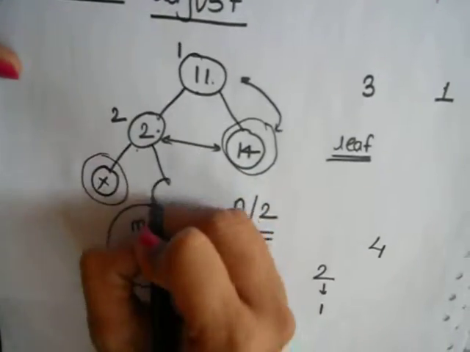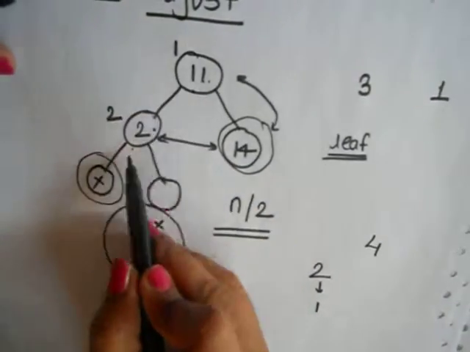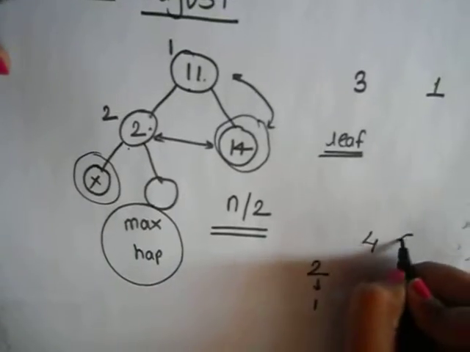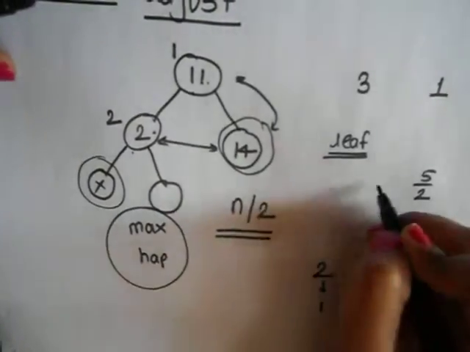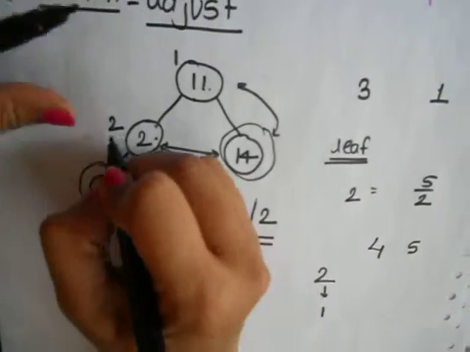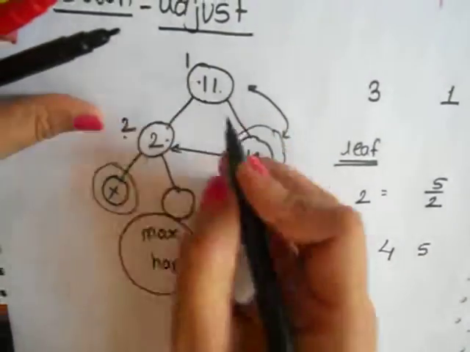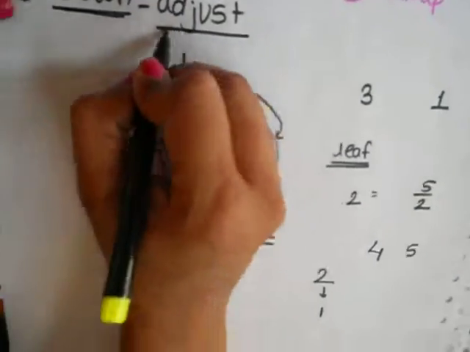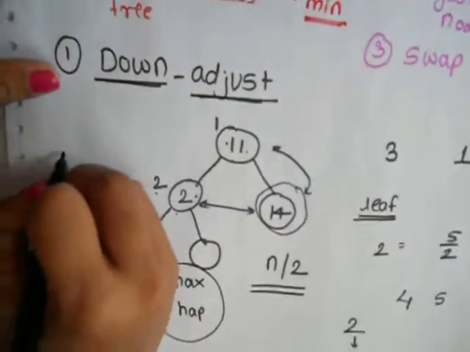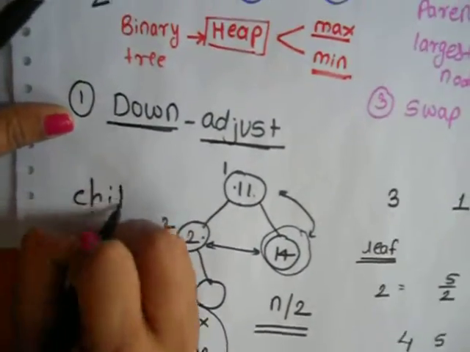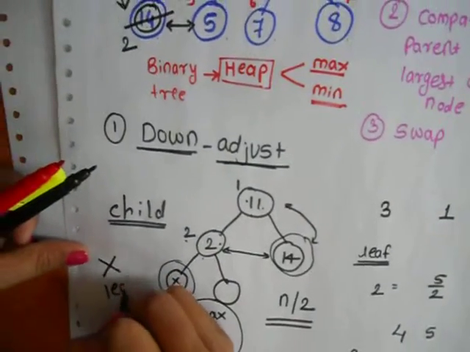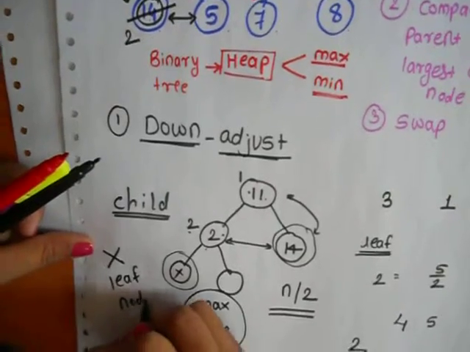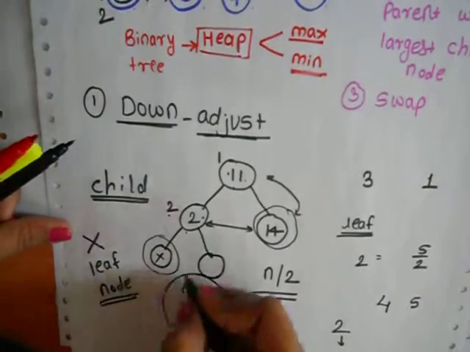If I add one more node, how many nodes? 1, 2, 3, 4, 5. 5 nodes. Again 5 by 2 gives 2. So 2, then 1. This means we apply the down adjust method only to those nodes that have children. We will not apply it on any leaf node. Why? A leaf node has no child.